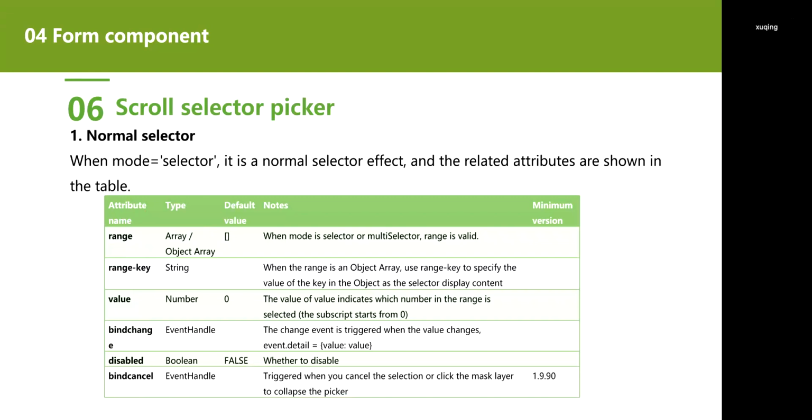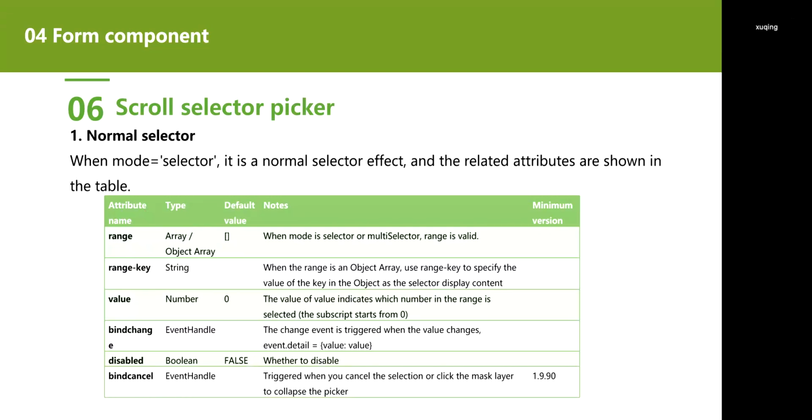When mode is selector or multi-selector, range is valid. Range key, with the type string: when the range is an object array, use range key to specify the key in the object whose value is the selector display content.